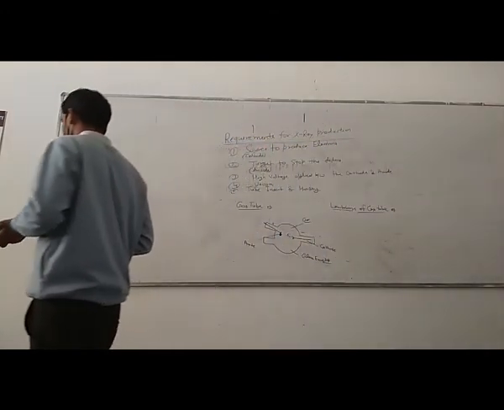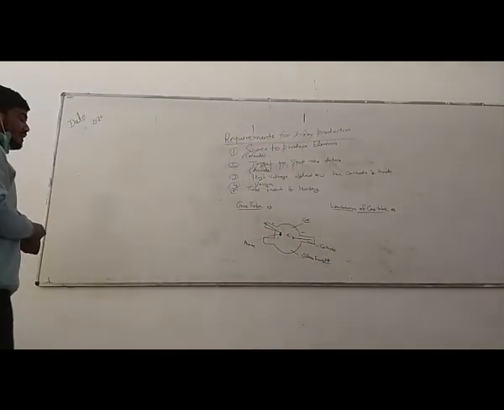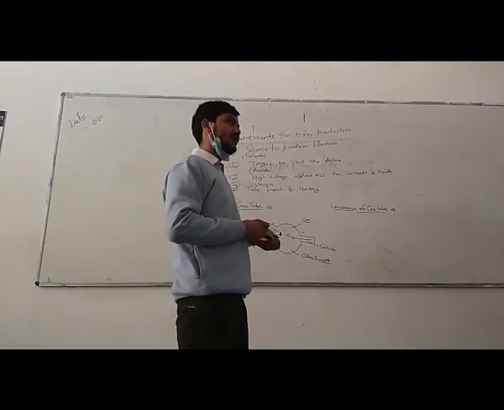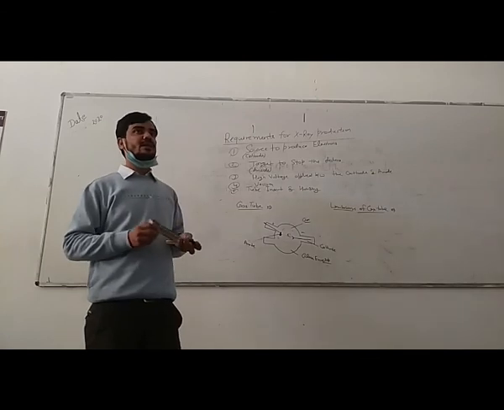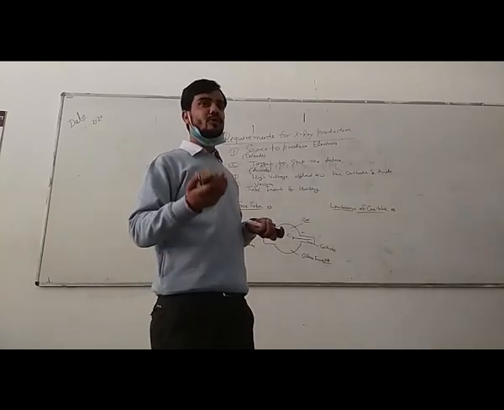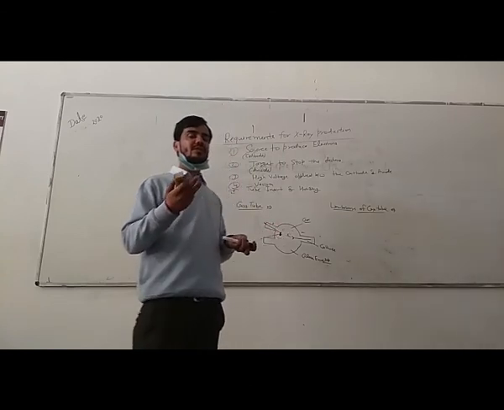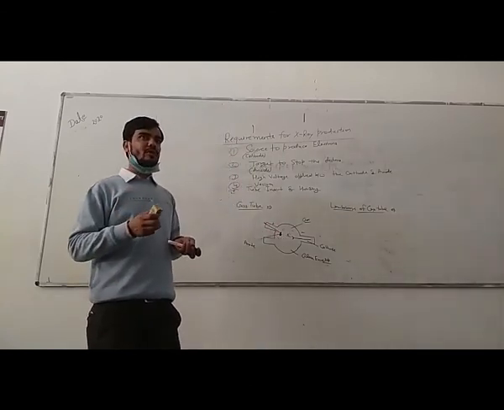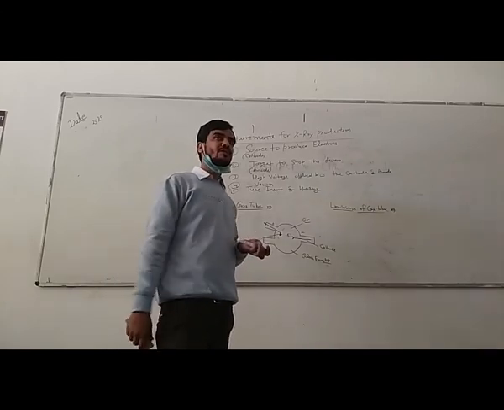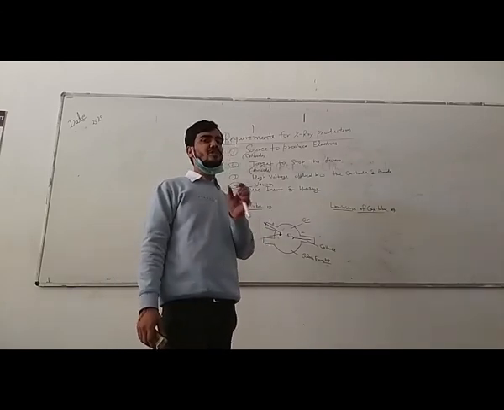Two types of anode X-ray tube are used nowadays. First is the stationary anode X-ray tube and the second is the rotating anode X-ray tube. In the stationary anode X-ray tube, the anode is stable, or fixed at a position.